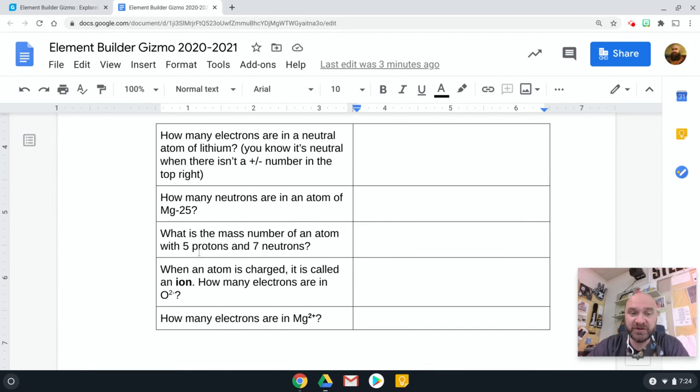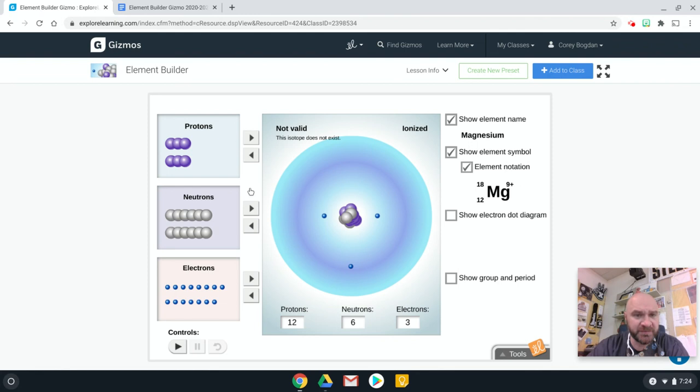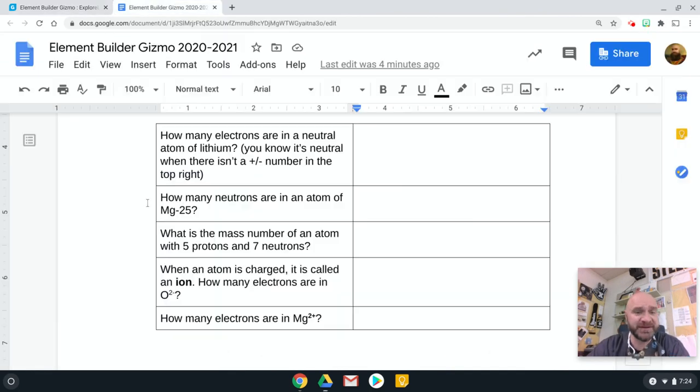But just to make sure, let's go to 5 protons, 7 neutrons. So right now, protons is 12. And neutrons, we need to be 7. All right, so sure enough, the mass number right now is 12. You can use protons and neutrons combined to get its mass number. Electrons are so small, we don't really count them towards mass.